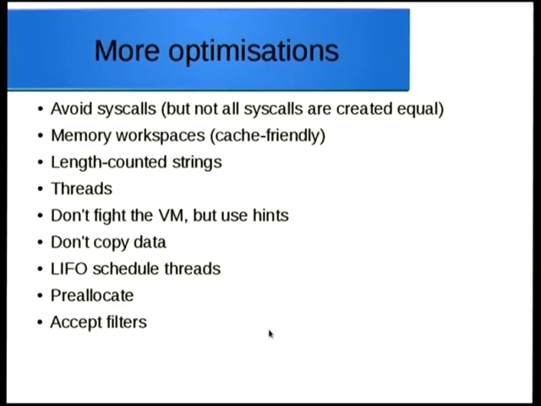Yeah, so we're doing a bunch of optimizations. We're avoiding syscalls, but not all syscalls are actually created equal, and not even all syscalls are syscalls, which is even somewhat strange. We use memory workspaces, so if you looked at some of the parameters, you could see that we had a session workspace, for instance, where by default it's something like 256K.